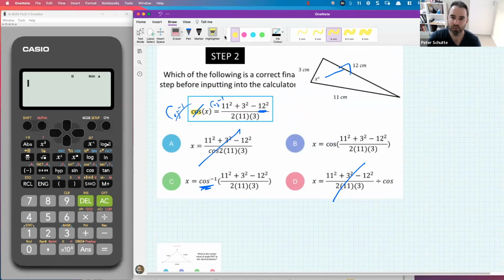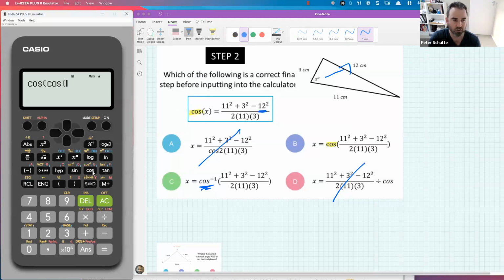So the problem with B is it's not the inverse cos. When I've got cos by itself and I want to undo cos, I can't use cos again. That would give me cos squared. What I need to do on my calculator is not hit cos like that. I actually have to hit shift, and then cos, and I get that little -1, which means inverse cos.